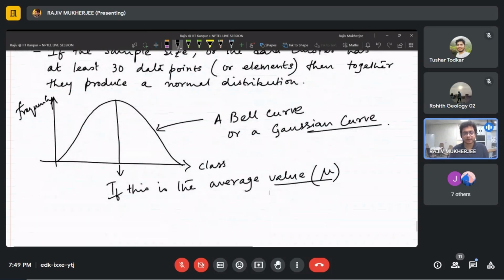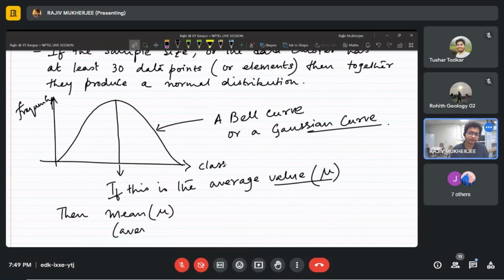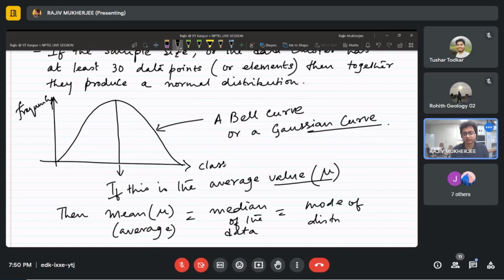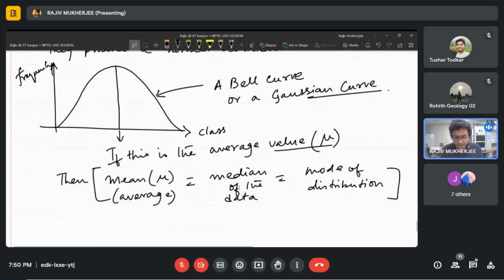So if this is the average value, then the mean, mu or average, is equal to the median of the data, and it is equal to the mode as well, the mode of the distribution. So together these are the characteristics of a normal distribution.